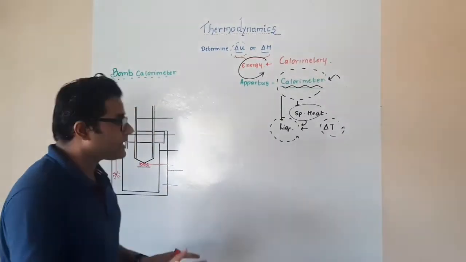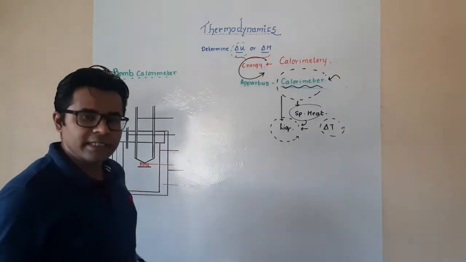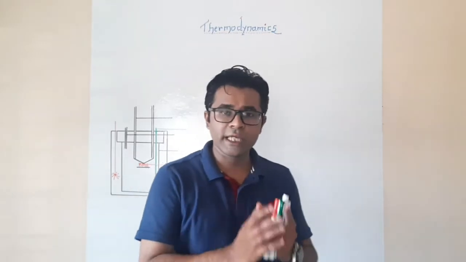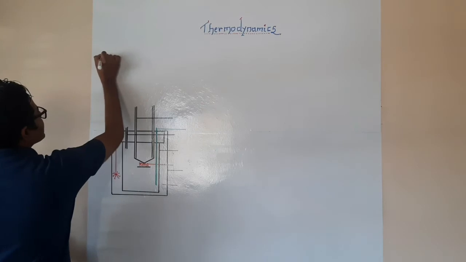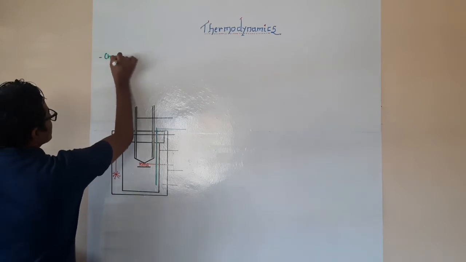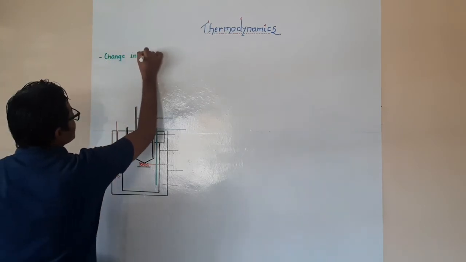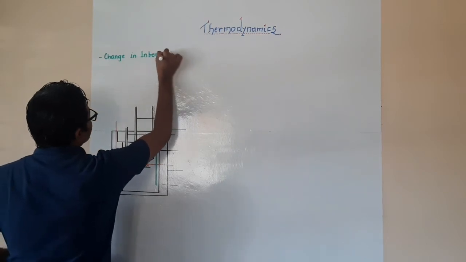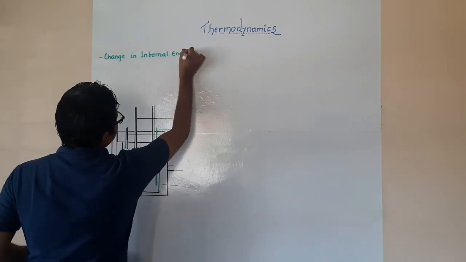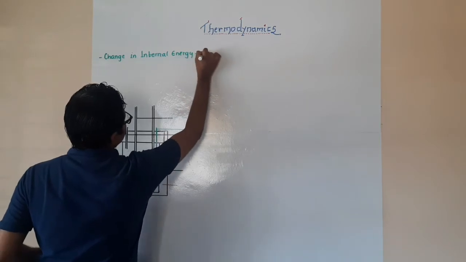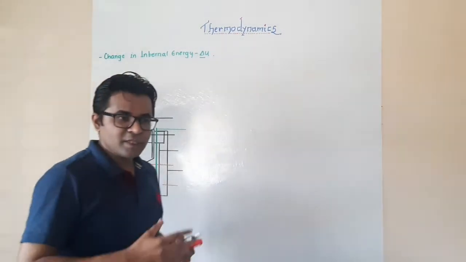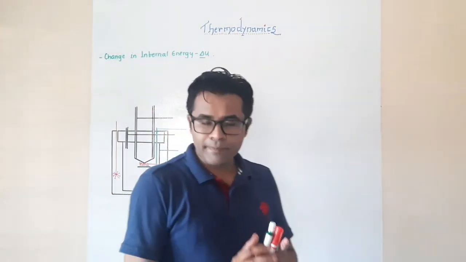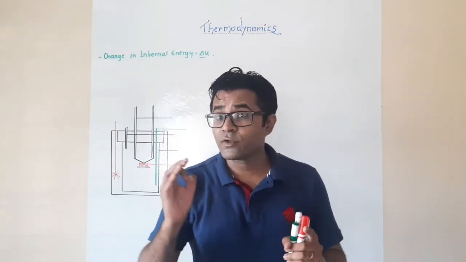So let's understand that taking a particular bomb calorimeter into consideration. Let us first understand how we calculate the change in the internal energy. So here, we are trying to determine the change in internal energy, that is nothing more than delta U. Now, delta U means the heat involved in this particular process occurs at a constant volume.